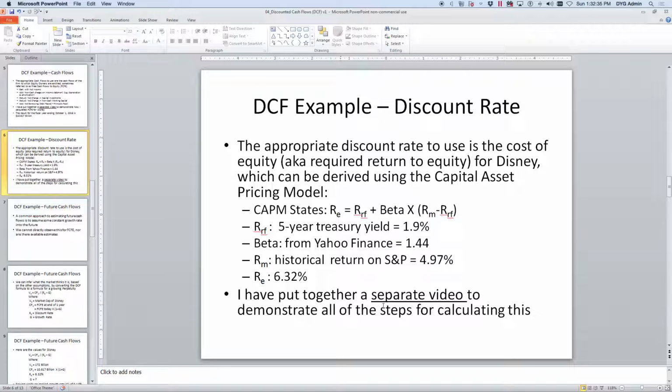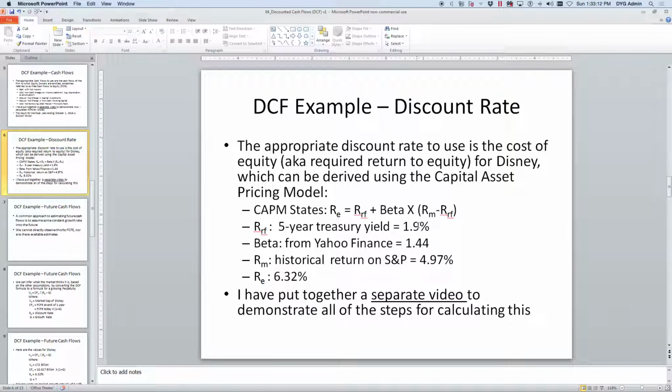And you'll see I've also put together a separate video on where I get all of these numbers for Disney. You don't have to know that for this prompt, but at some point you're going to want to know that, and that's a good resource. So first thing we get is the risk-free rate. The risk-free rate, we usually use the 5-year Treasury yield rate in CAPM. It's a tricky thing. Theoretically, the capital asset pricing model risk-free rate should use a term that is the same as the length of time investors are expected to hold the stock.